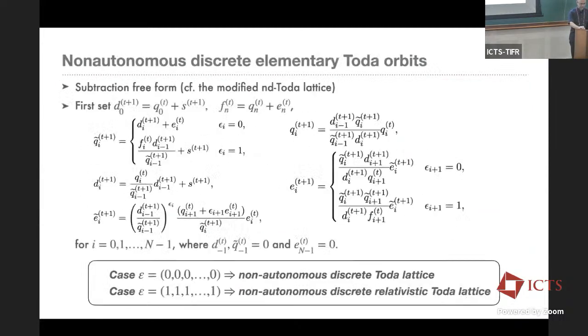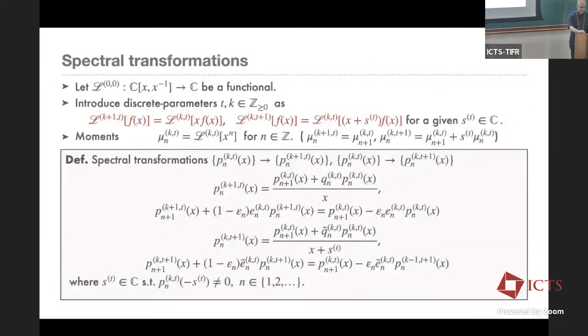S? Okay. I will show you. So this is the spectral transformation. Yes. So this S of t. In each time evolution step, actually, at this moment, not time evolution, this is a spectral transformation for the polynomial system. So here we can introduce some arbitrary parameter. Of course, I already pointed out this assumption.